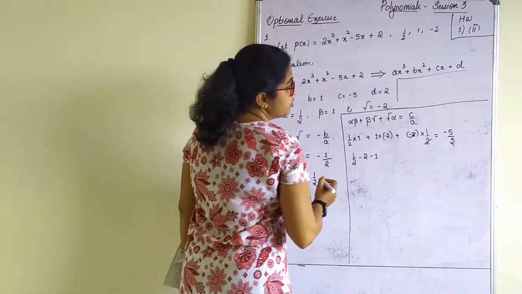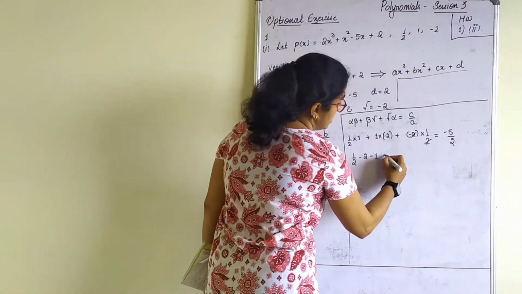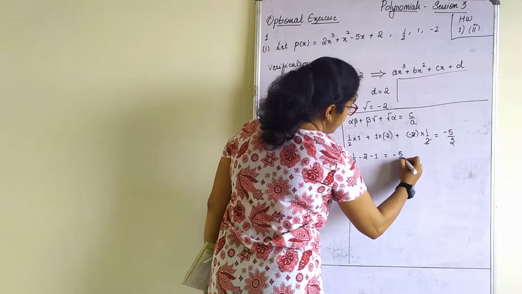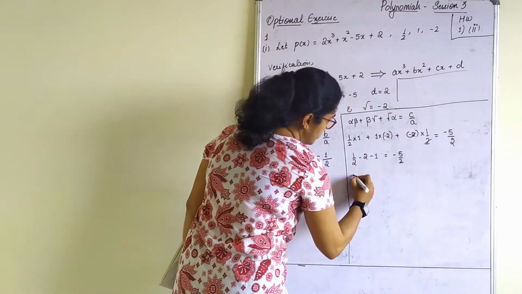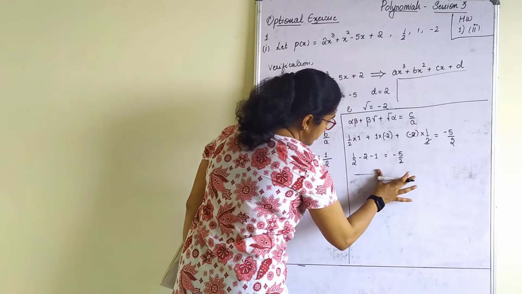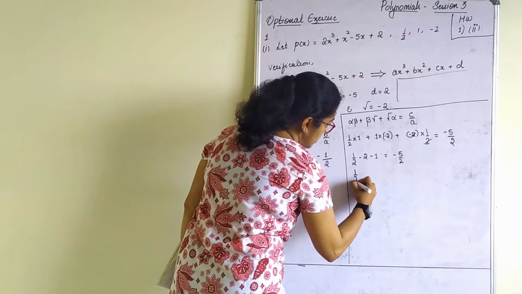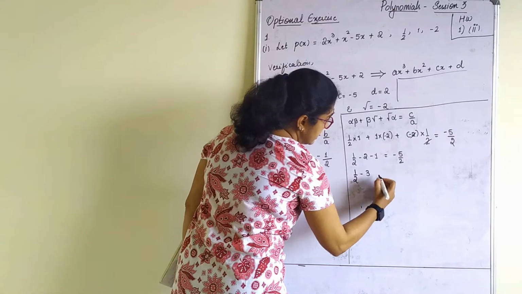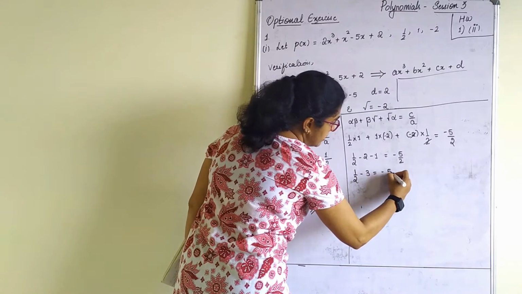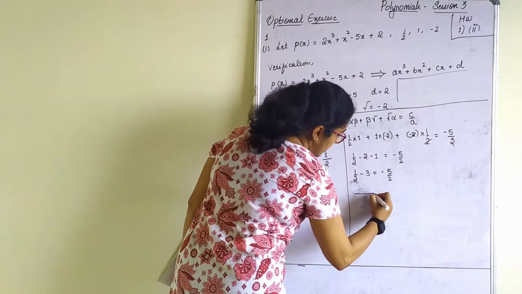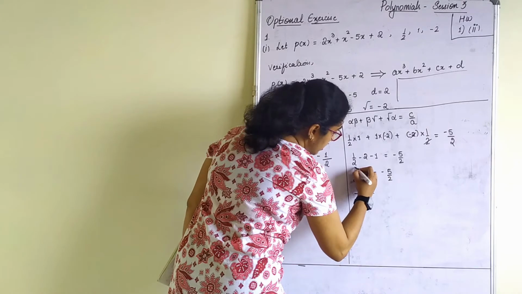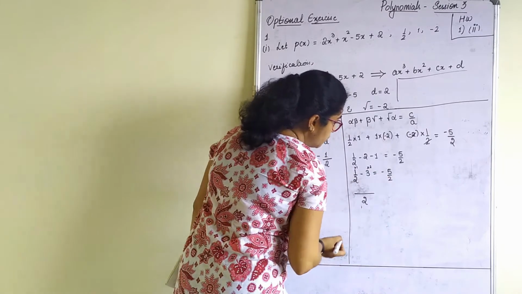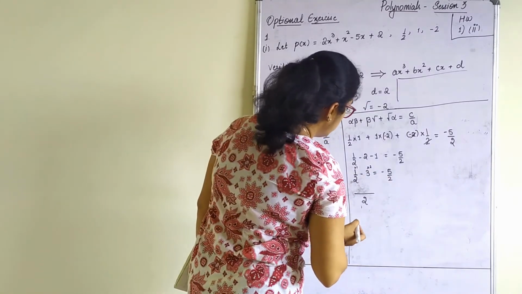-1 is equal to -5 by 2. So take the LCM if you want here. Or what we can do here is, half minus 3 is equal to -5 by 2. Now the LCM is 2 into 1 into 2.